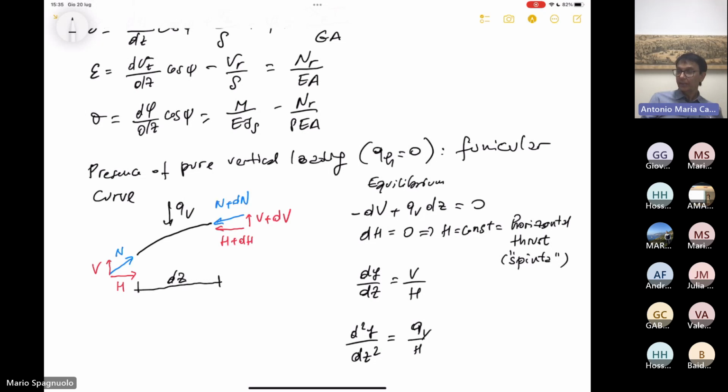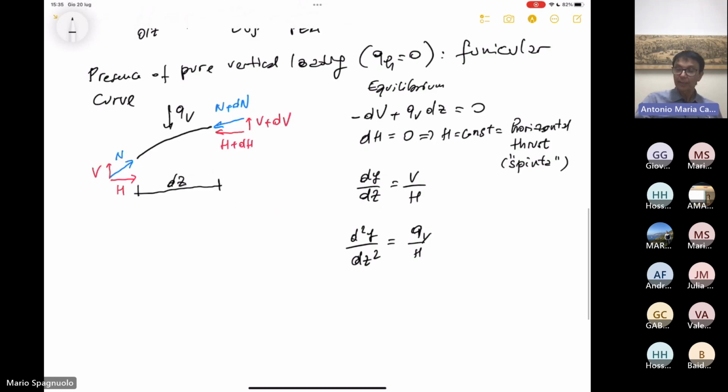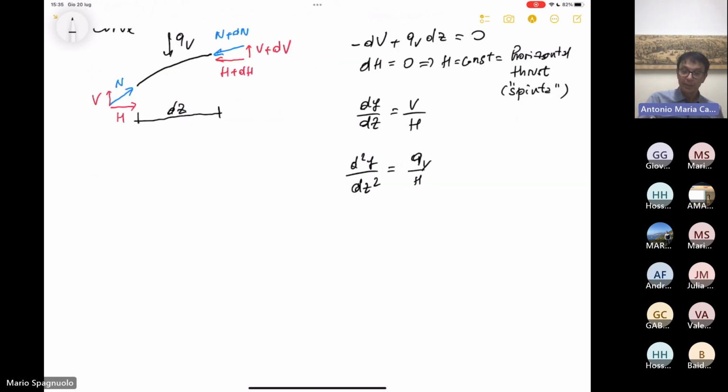Now we can integrate this equation, requiring that this curve passes through three points, because this will give us the needed integration constants. In order to make this integration, let us assume that q_v is equal to q0, a constant.